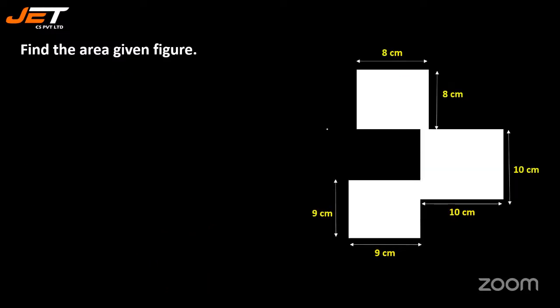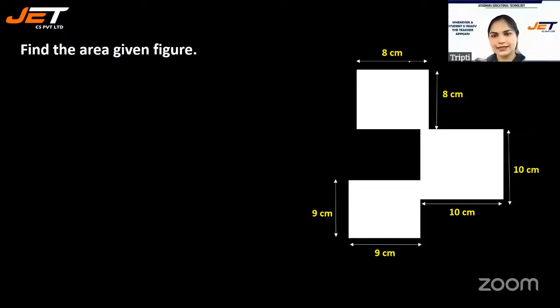Now, 3 squares, but all of them have different sides. First one has 8 centimeters, second one 10, third one 9. Find the area.